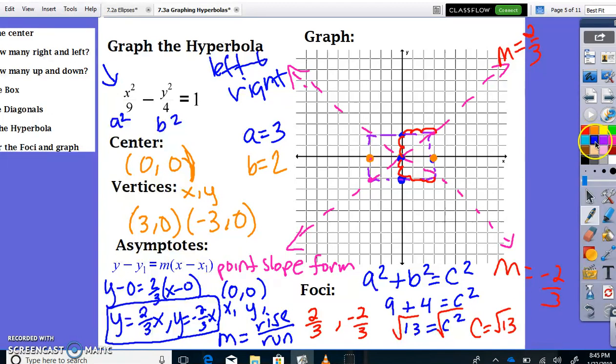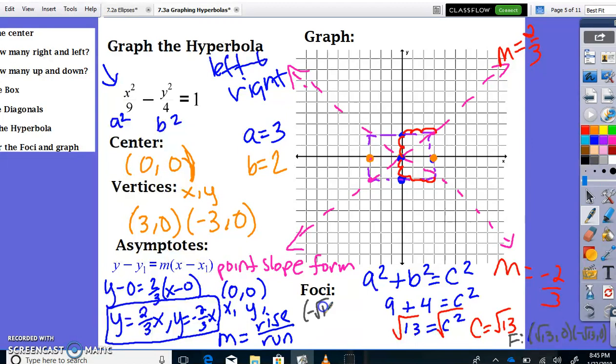As ordered pairs, they're going to be on the x-axis. I'm running out of room here, but it's going to be the square root of 13, 0, and negative square root of 13, 0 will be my foci points. Maybe I can erase some stuff here and fit that over here.